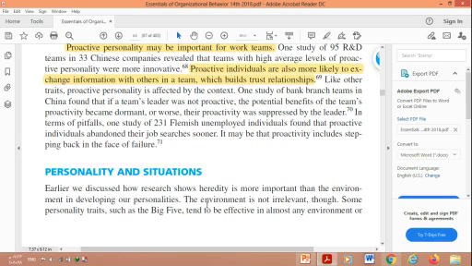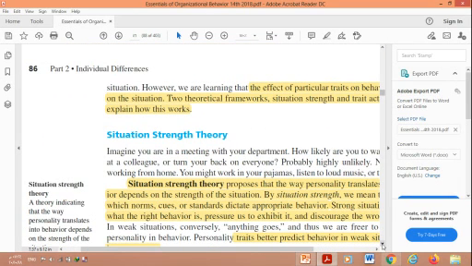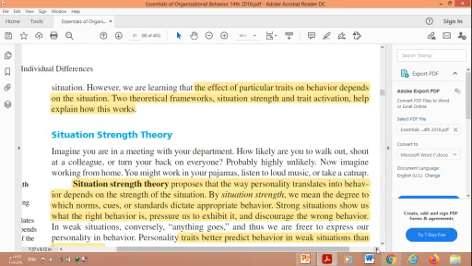The environment is not irrelevant, though; some personality traits such as the Big Five tend to be effective in almost any environment or situation. However, we are learning that the effect of a particular trait on behavior depends on the situation.